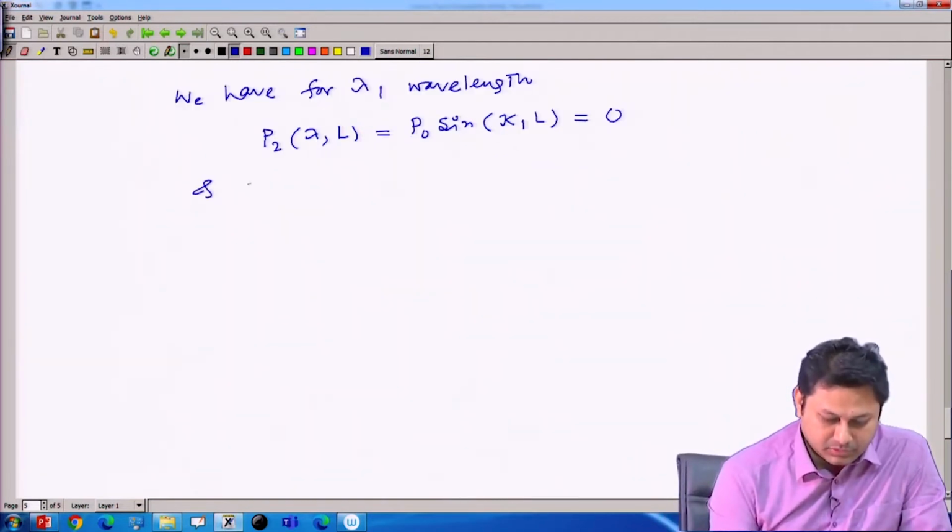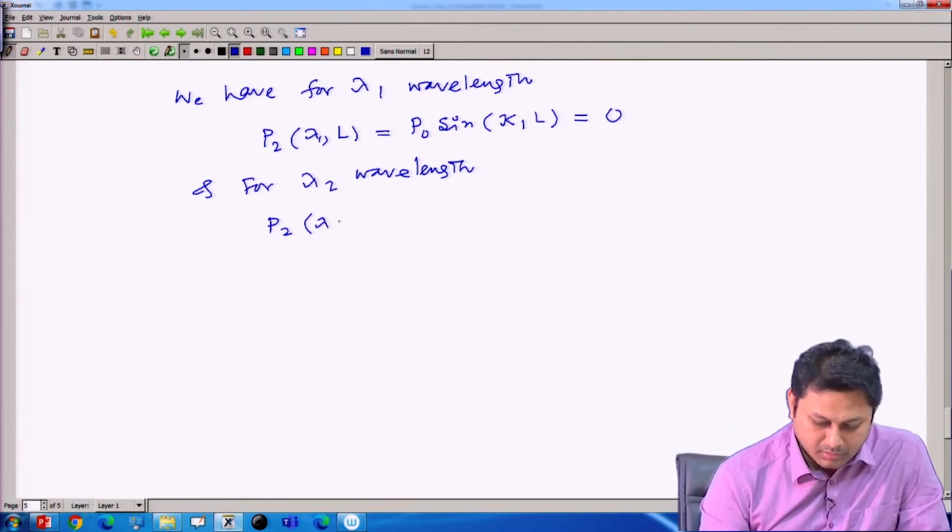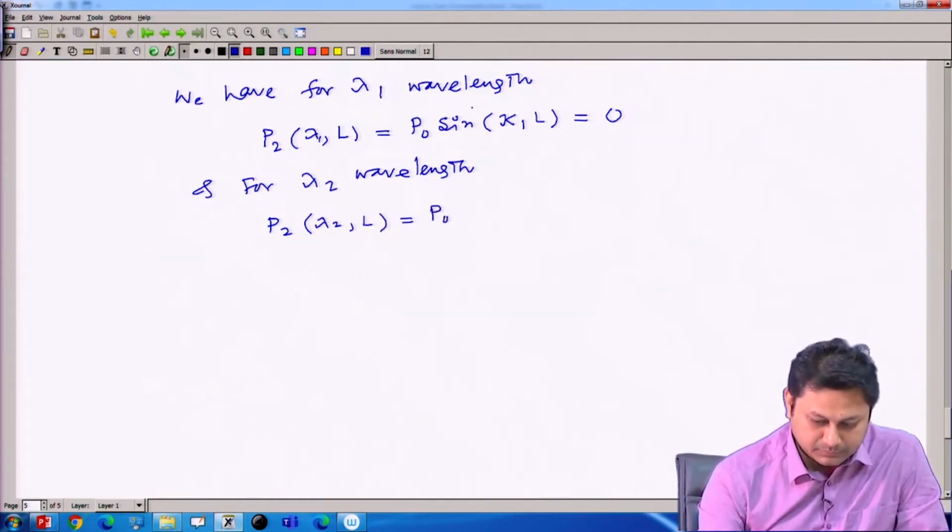And for the lambda 2 wavelength, I can have P2 at lambda 2 at L equal to P0 sin square of kappa 2 L, equal to P0.